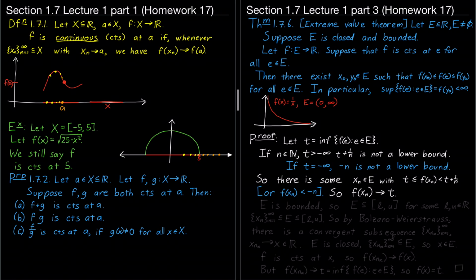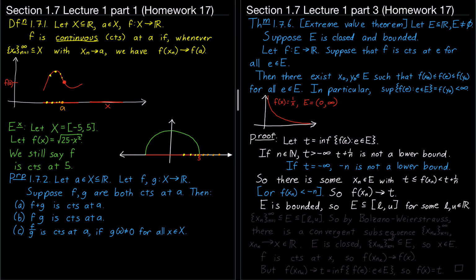Now, E is bounded, so E is contained in some closed interval, say from L to U, where L is a lower bound for E and U is an upper bound for E. For some L and U, they're real numbers, meaning they are in fact finite.